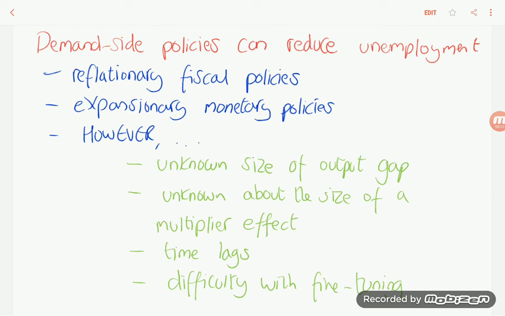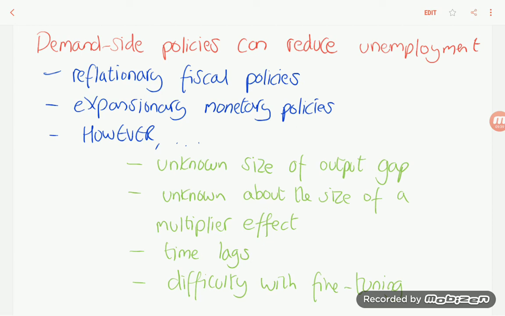During a recession, an economy is likely to have cyclical unemployment, so a government would need to introduce policies that boost aggregate demand. For example, reflationary fiscal policies that decrease tax or increase welfare payments, or expansionary monetary policies such as lowering of interest rates. However, there are problems with these kinds of demand-side policies.